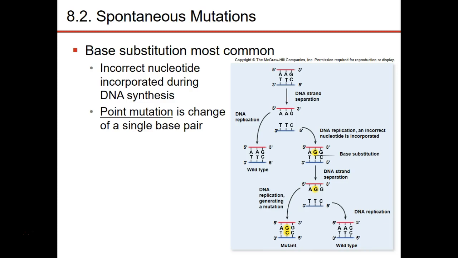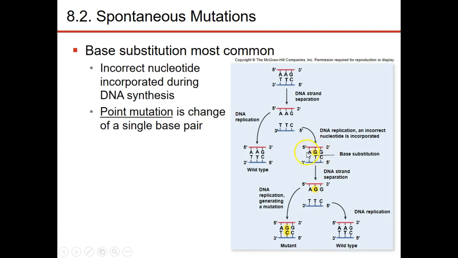So the first one we'll talk about is a base substitution mutation. This is called a point mutation, where one nucleotide changes. And so here we have DNA, that's the parent DNA. It's split, and you have the replication of each side. Here's the TTC, and here's the AAG. And instead of AAG forming, you have AGG.